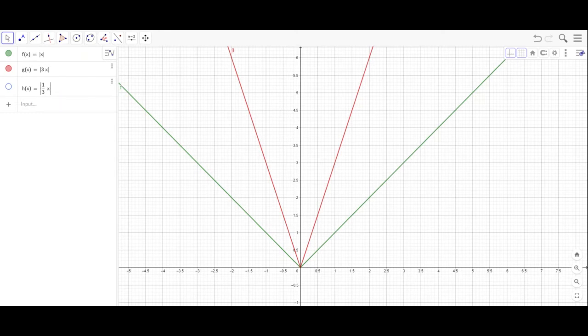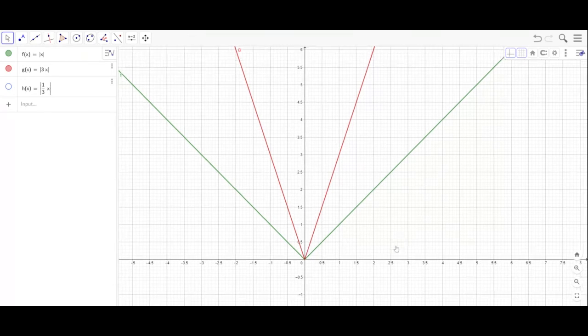The green one is still bigger than the red one, right? This looks like it's being vertically stretched, correct? Well, see, the difference is now we're looking along the x-axis, right? Not the y-axis. So I want you to look in comparison with the x values, not the y values this time.